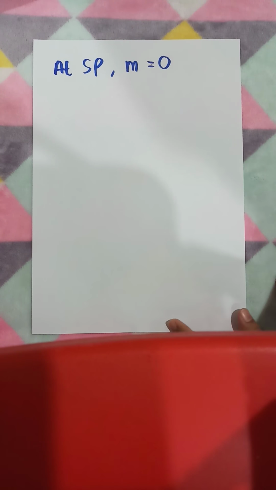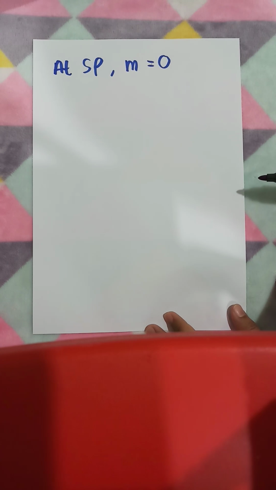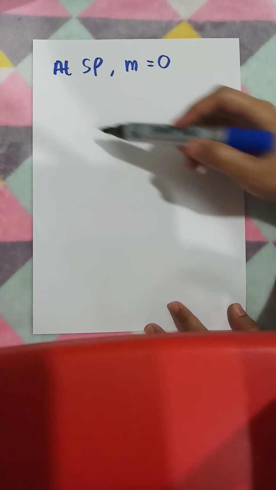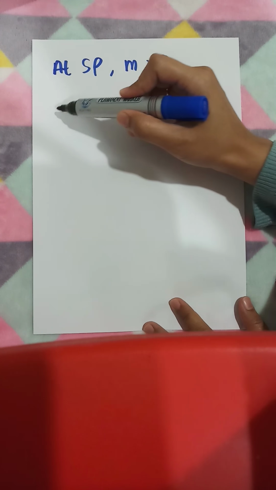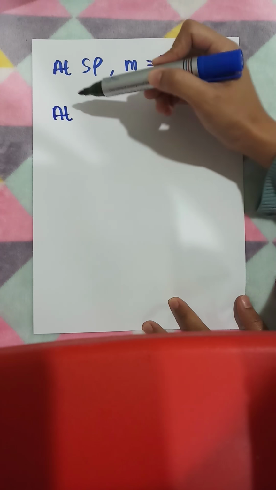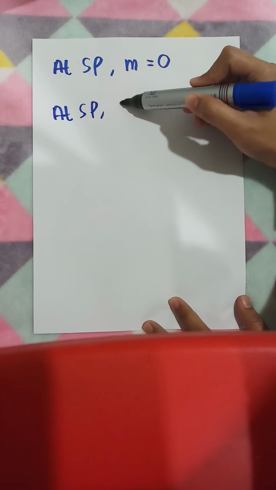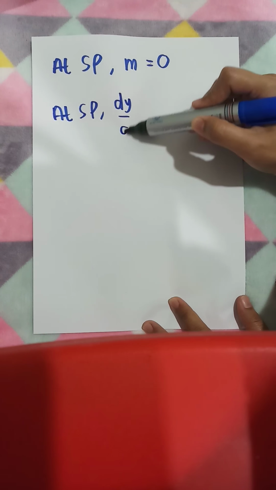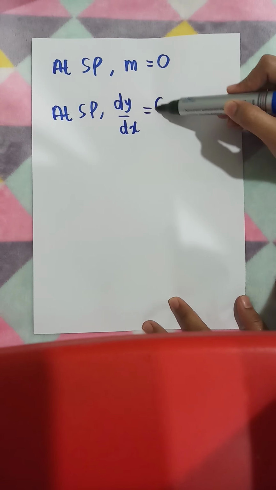But in this chapter, we don't use m as our gradient. Gradient simply means dy/dx. So what you need to know is that at a stationary point, your dy/dx must be equal to 0.